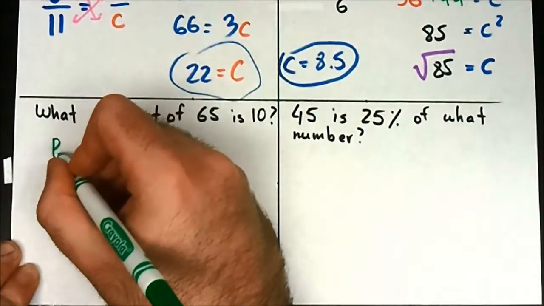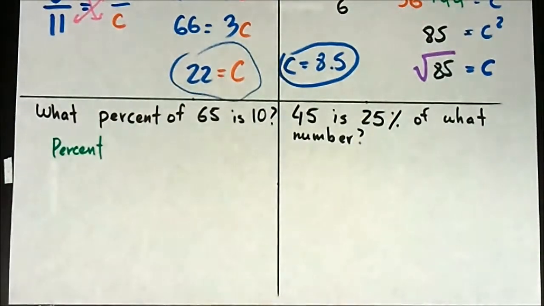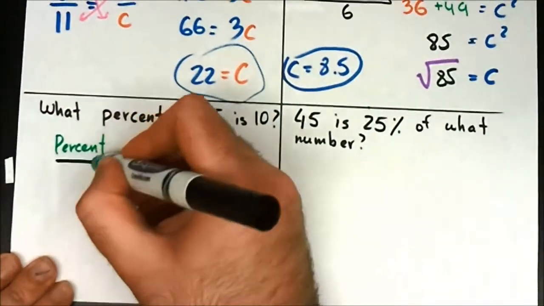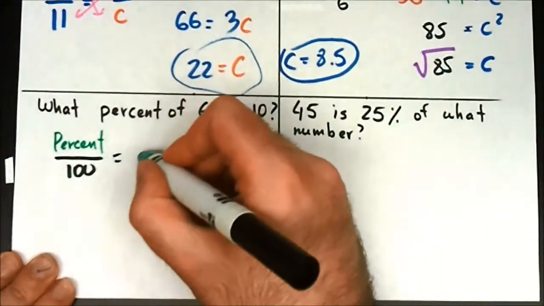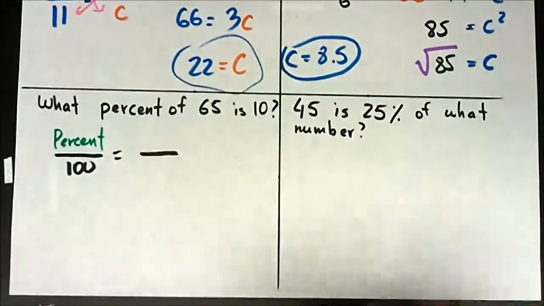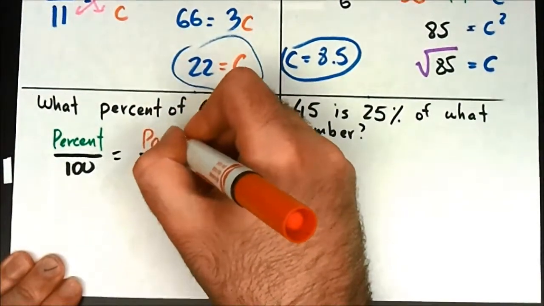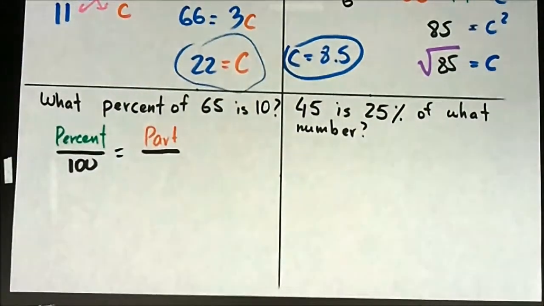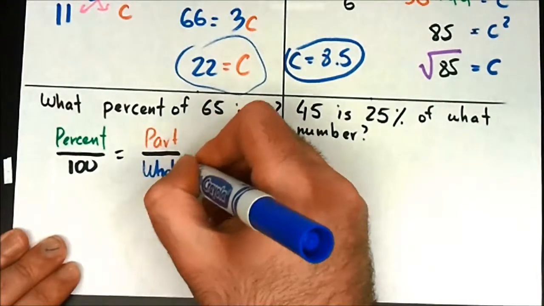So the percent over 100 equals, and the part goes on top, and the whole goes on the bottom.